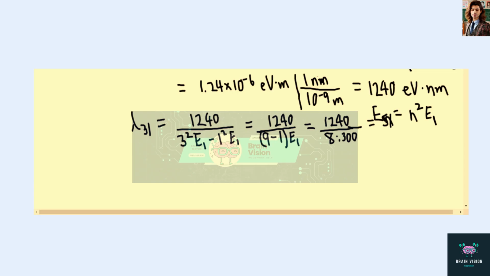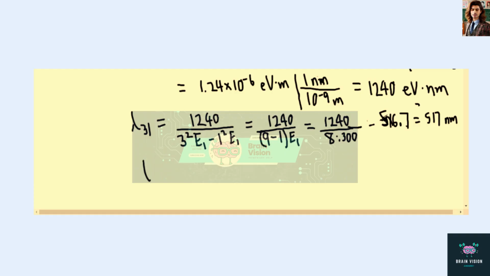I'm sorry, I wrote that in the wrong place, but the value we get for the wavelength is 516.7 nanometers, which you can round to 517 nanometers.